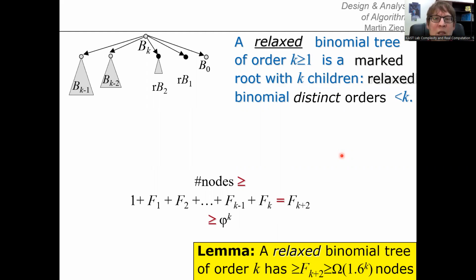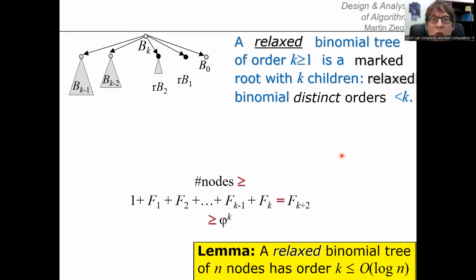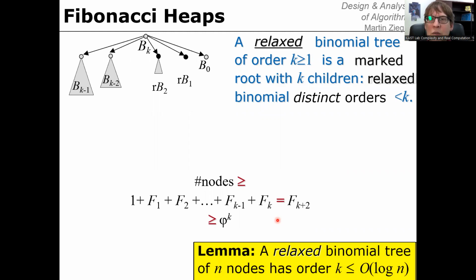So let's conclude and record that a single relaxed binomial tree of n nodes has order which is at most logarithmic in the number of nodes, as a consequence of our analysis that the number of nodes is at least exponential in the order, and therefore conversely the order is at most logarithmic in the number of nodes. And now we can start talking about Fibonacci heaps.